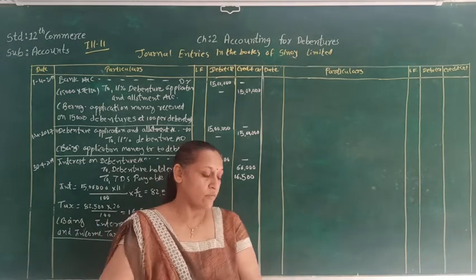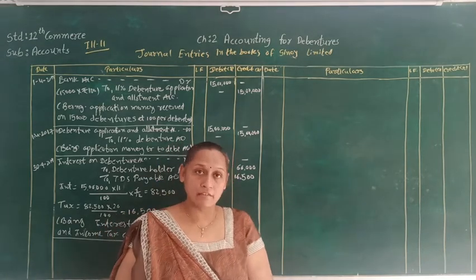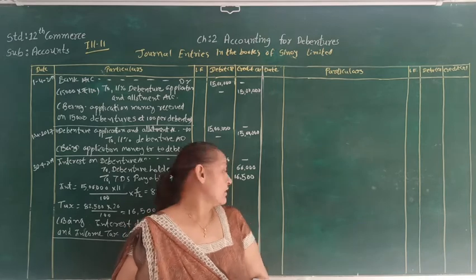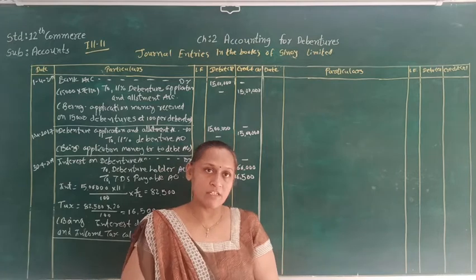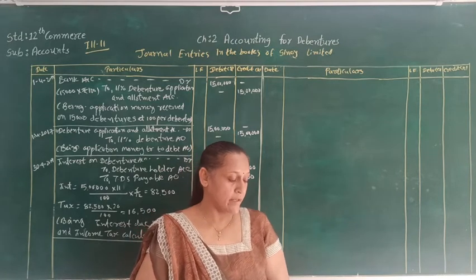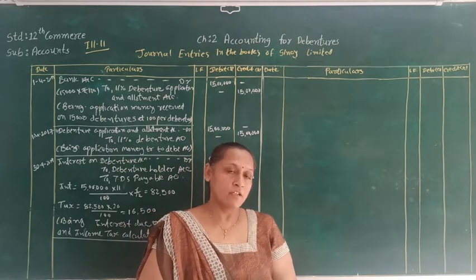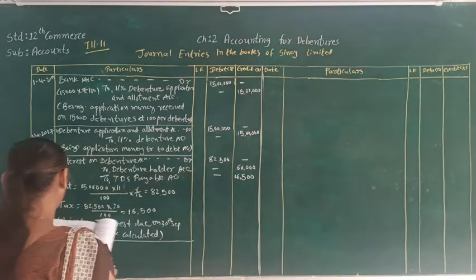Now, when we pay the amount of 66,000 to the debenture holder, the journal entry will be debenture holder account debit to bank. Let's pass that journal entry.